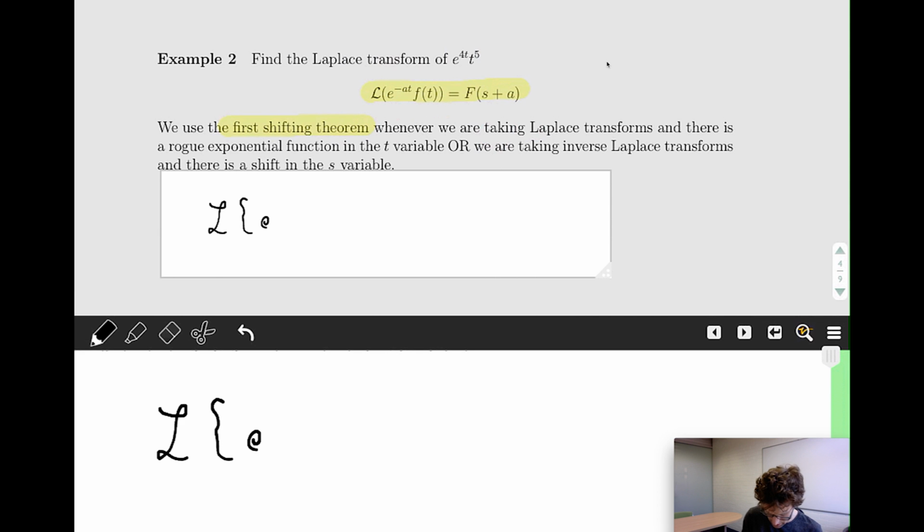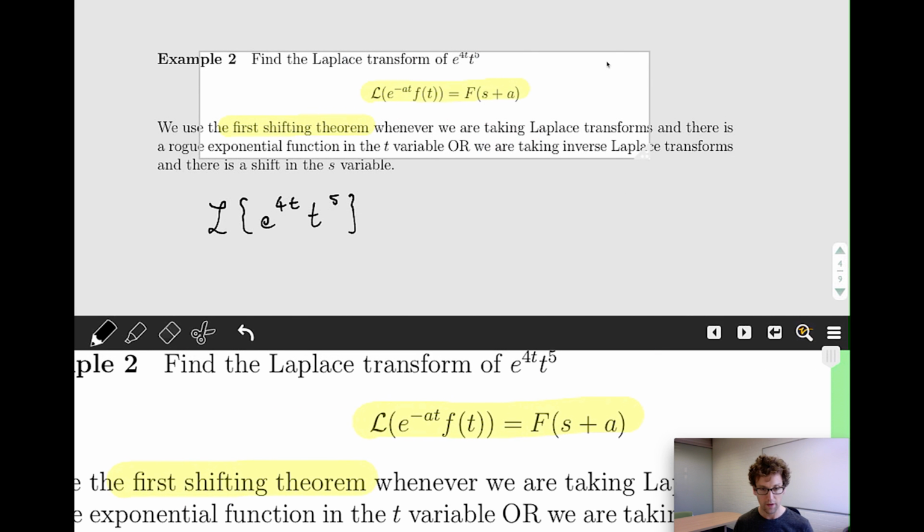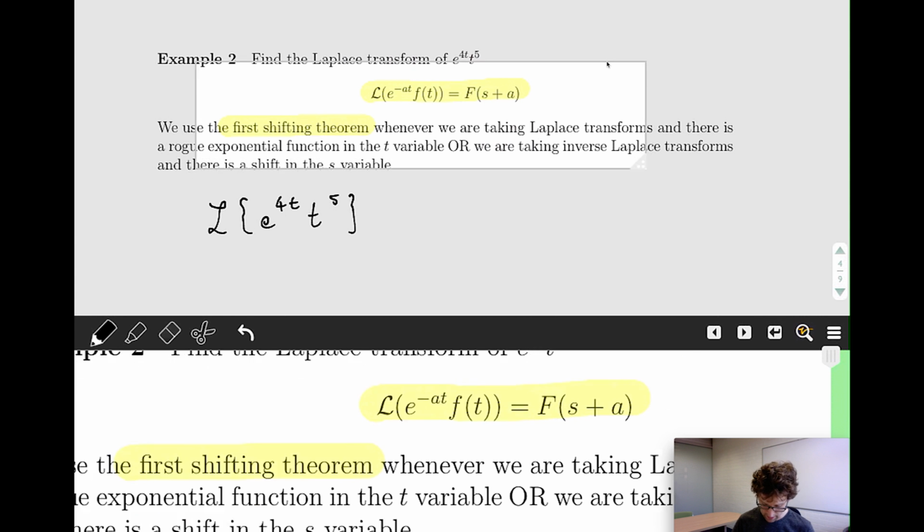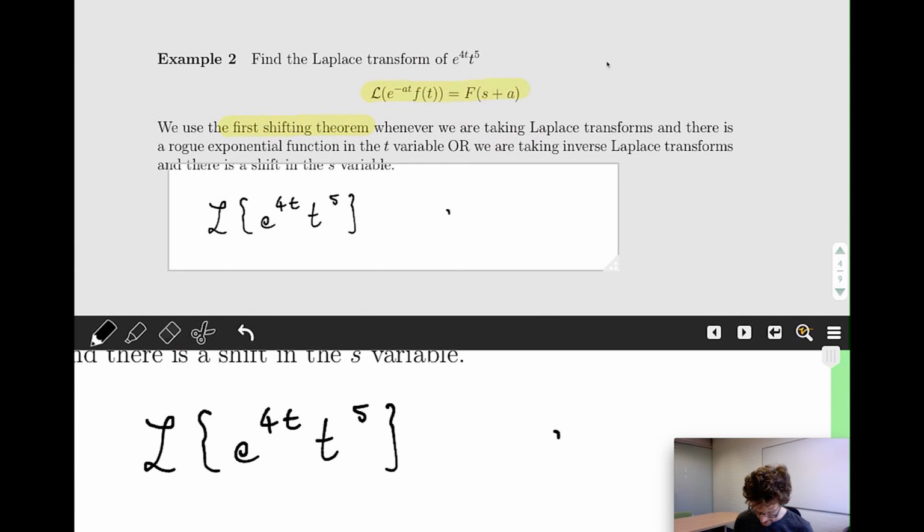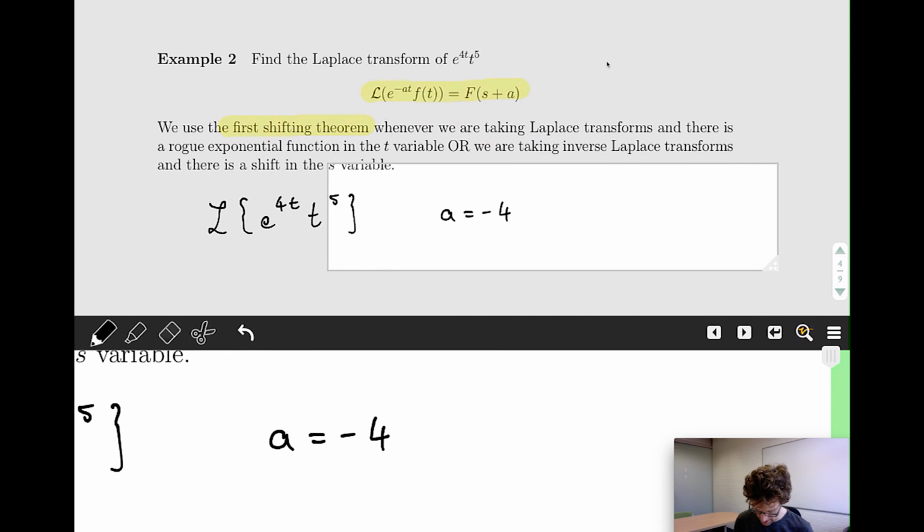So we have e to the 4t, t to the power of 5. Comparing it with our definition of the first shifting theorem, we can read off that a is equal to -4 and f of t will be t to the power of 5.